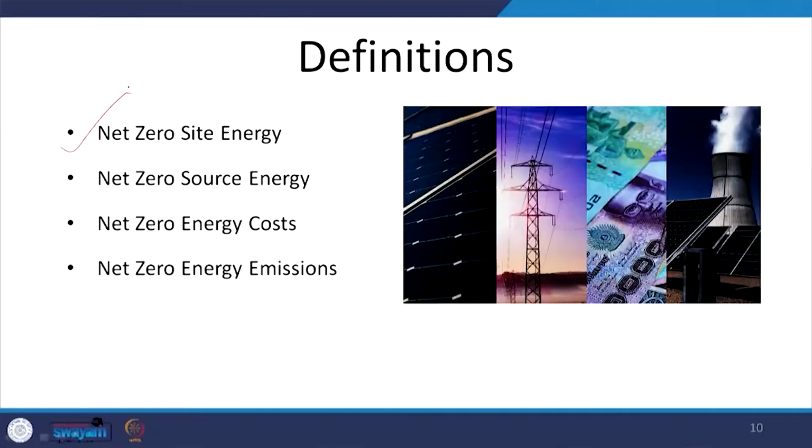Now, there are multiple variations within this net zero energy building. So, we have a net zero site energy, we have a net zero source energy, we have a net zero energy cost, and we have net zero energy emissions. Let us quickly look at each of these definitions.